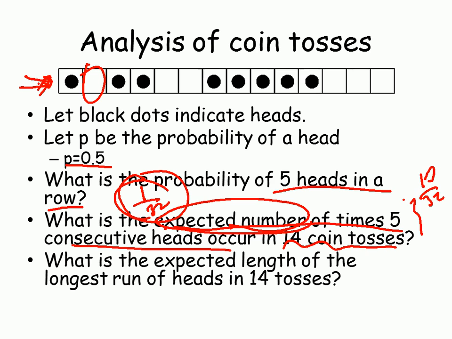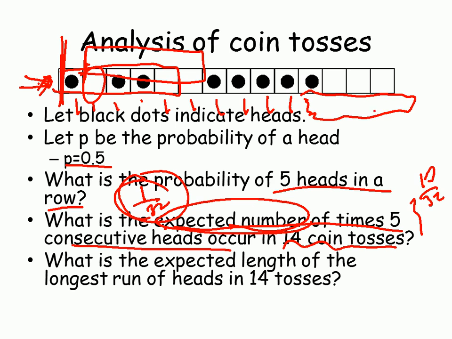And the reason I'm saying you have 10 places is because the 5 consecutive coin tosses could start from here. So you could have 5 here. It could start from here. So that's 1, 2, 3, 4, 5, 6, 7, 8, 9, 10. It cannot start from here because you don't have enough coin tosses left. So you have 10 locations where you could have 5 consecutive coin tosses.